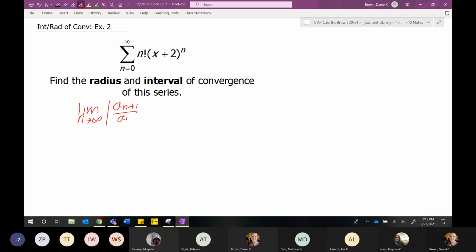So this is what we are finding. Plugging it in: a sub n plus 1 divided by a sub n.